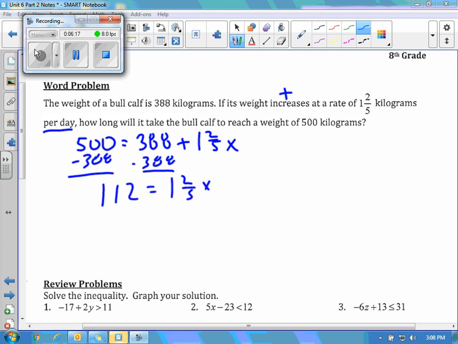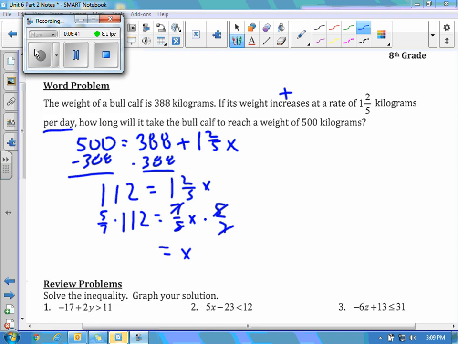I'm going to turn 1 2/5 into an improper fraction. 5 times 1 plus 2 is 7 over 5 x, just because I think that's way easier than dealing with mixed numbers. Now I can solve. I have a fraction coefficient, so I'm going to multiply both sides by its reciprocal, 5 over 7 in this case. On the right side, 7's cancel, 5's cancel, so I just have x.